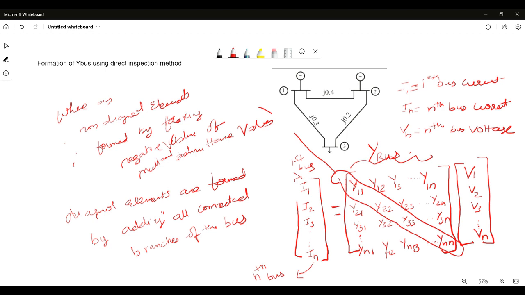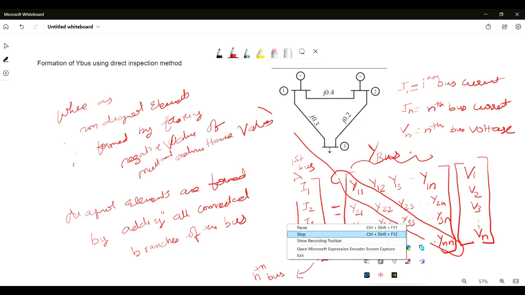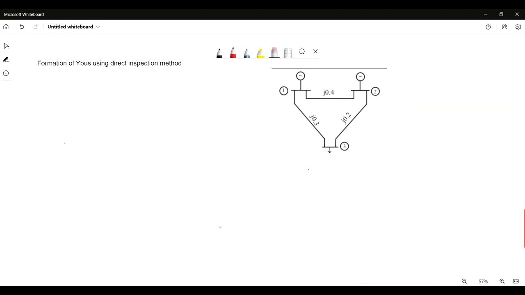Now we solve a problem, a simple three bus power system, using the direct inspection method. Here they gave the admittance values of three branches, and it is a three branch, three bus system.